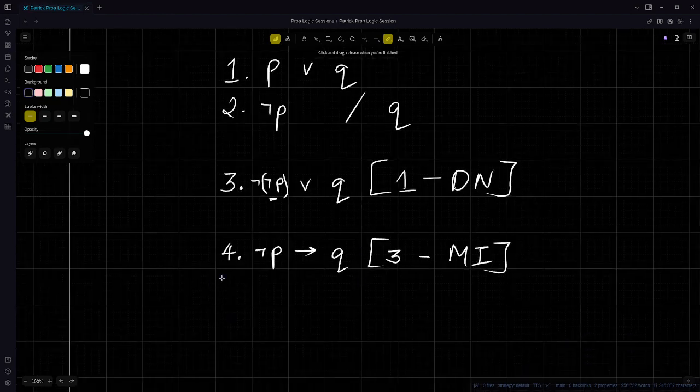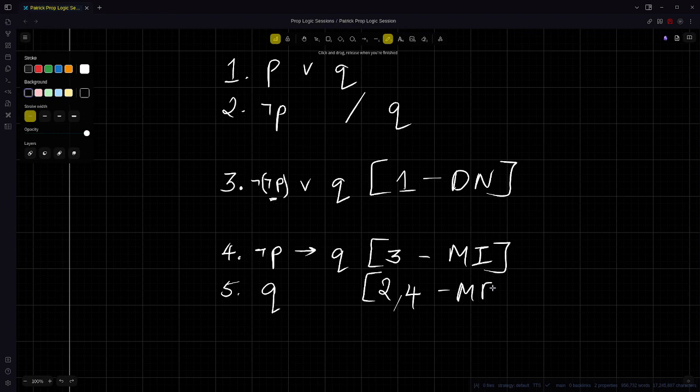What's the fifth step? Fifth step was Q, modus ponens on premises 2 and 4. Exactly, that's how we do it.